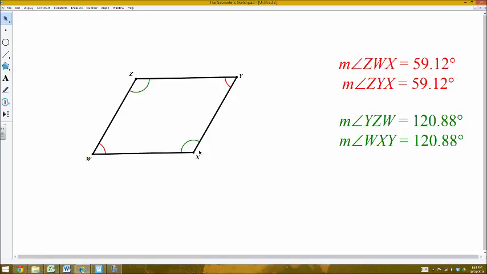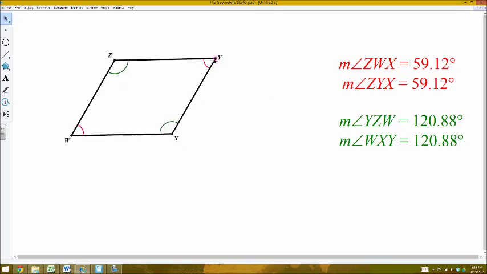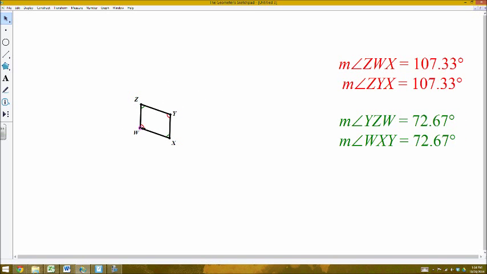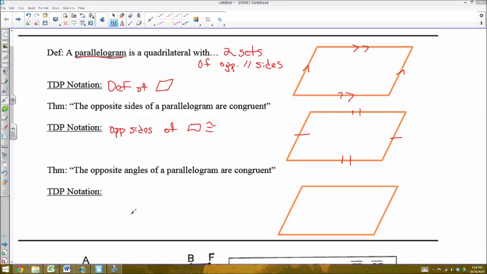For this parallelogram, WXYZ, it seems that the opposite angles, W and Y, the red ones, which are both 59.2, and these opposite angles, the green ones, X and Z, are both 120.88. It appears that they also, no matter the configuration of the parallelogram, will also remain congruent.